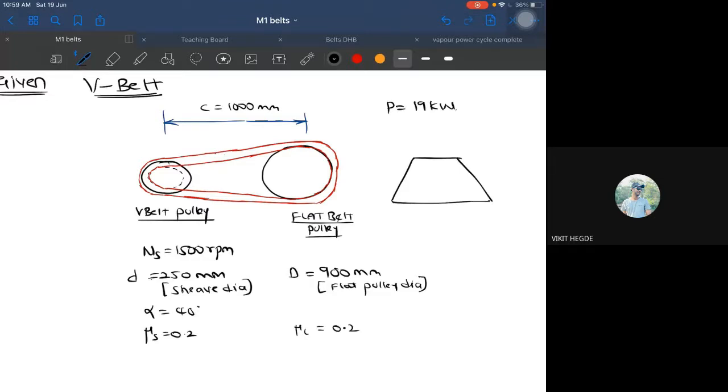This cross section's values he has given. The cross section of the belt is 40 mm wide at the top and 20 mm wide at the bottom. So it is on either side.